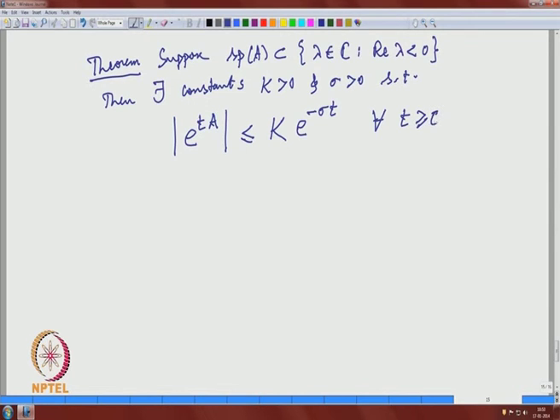So, this is important. This is not valid for all t, only for t positive, and just you have to use this Jordan form J1, J2, Jk.